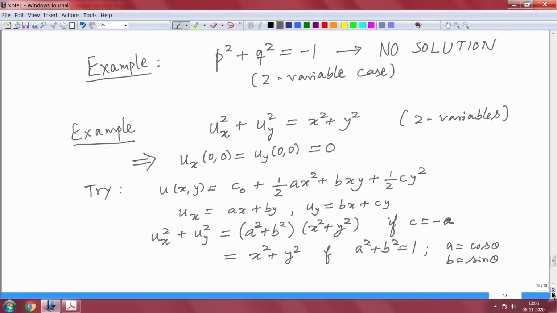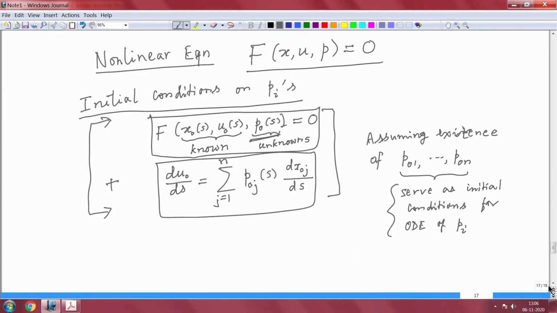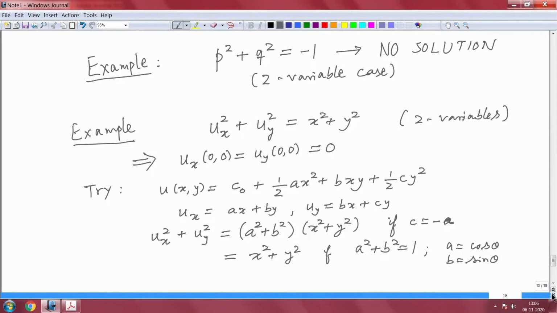So, in particular in the study of first order equations, there are still some gaps, because we are not able to say completely whether such an equation, a very decent looking equation with initial conditions like this, has a solution or not. Okay.